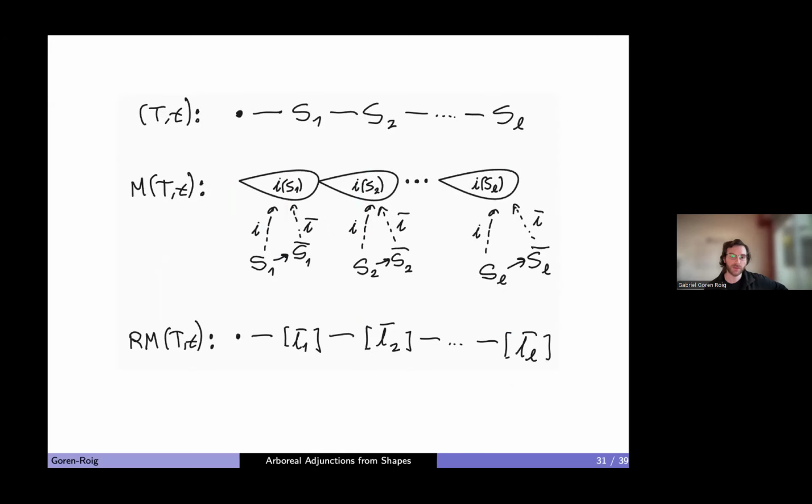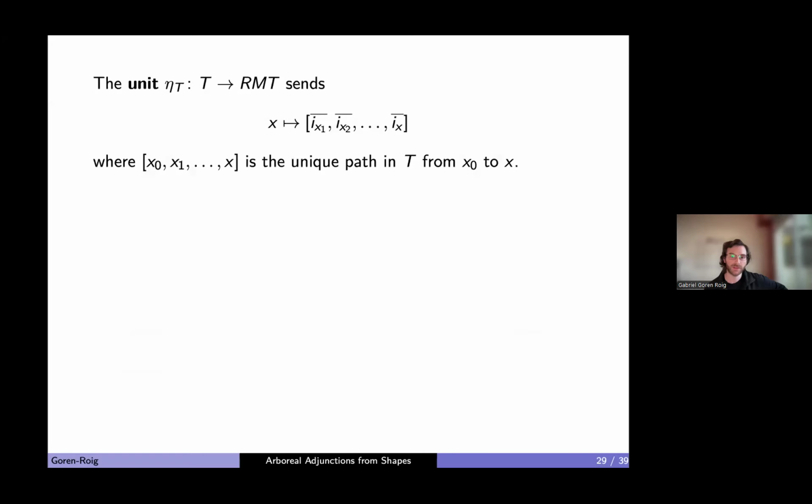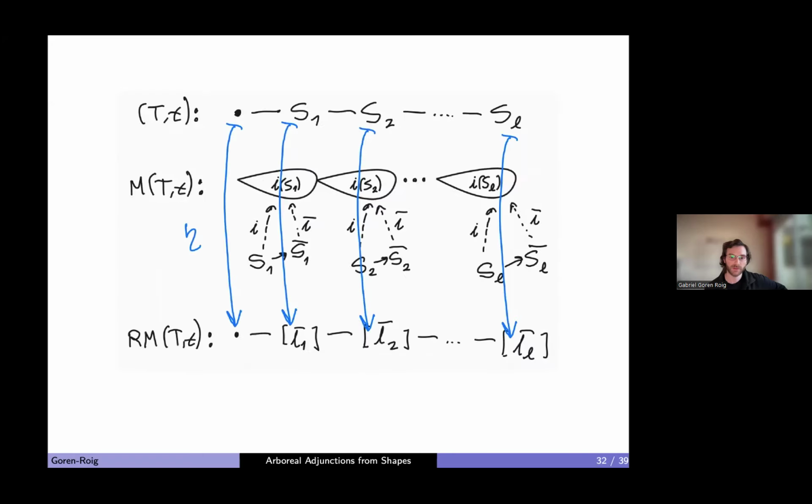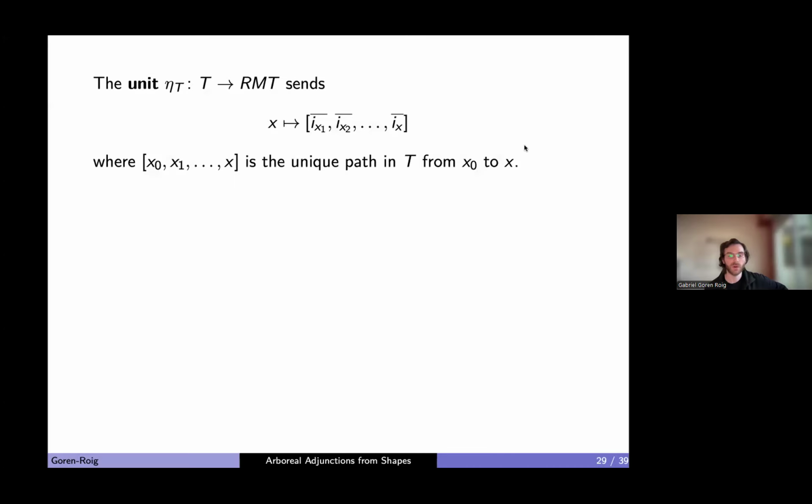Yes. So eta. So if you want to look at it as just one formula, where is it? Oh, sorry, here. So you have to look, given an x, because it's a node in a tree, you have a unique path from the root, and then you have the embeddings into the gluing corresponding to all these nodes, to all these shapes in these nodes. So that would be the sequence I sub x1 and so on without the bar.